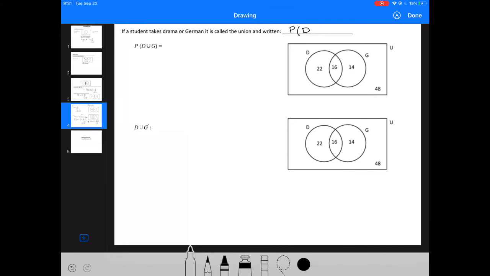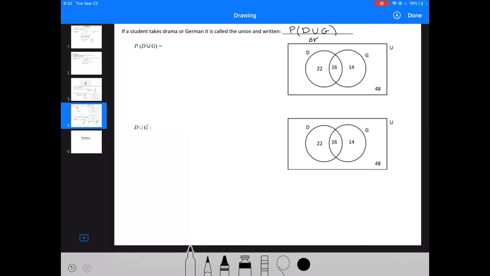So probability of the union of drama and German. This symbol means or instead of and. So the intersection means that the student has to be in the drama set and in the German set. The or symbol means that they could be in one or the other, or in both.